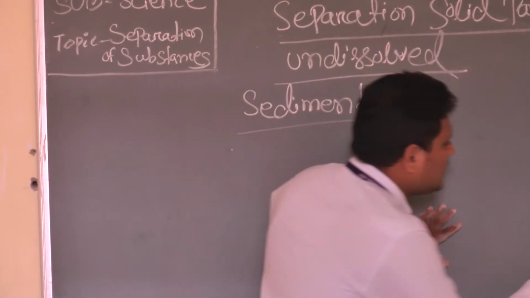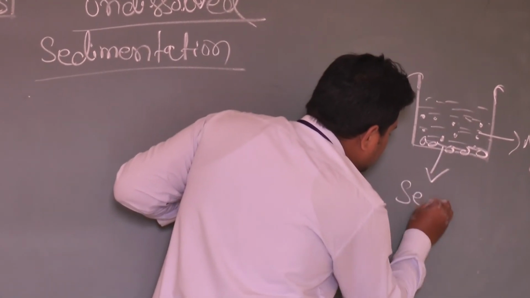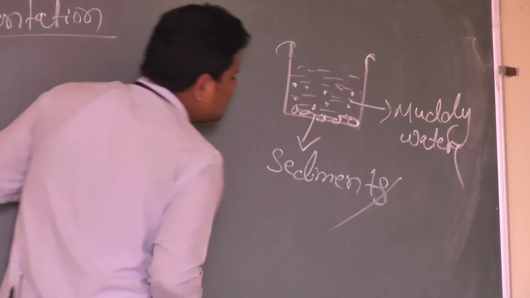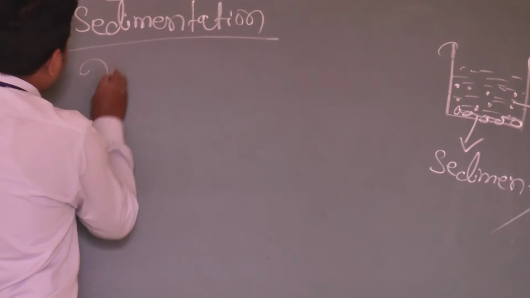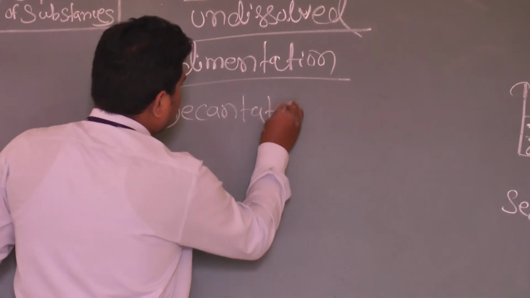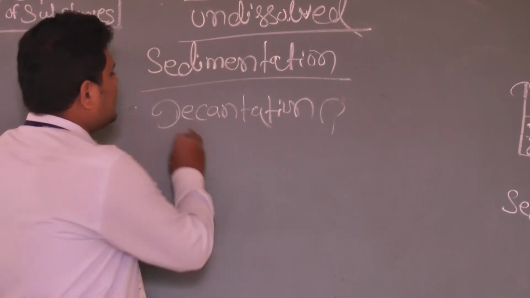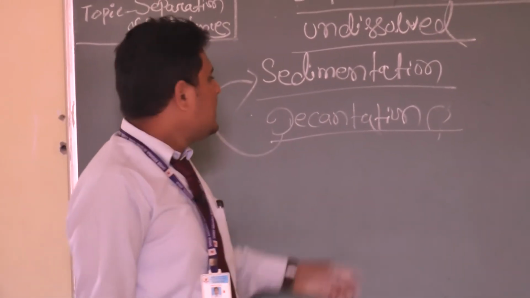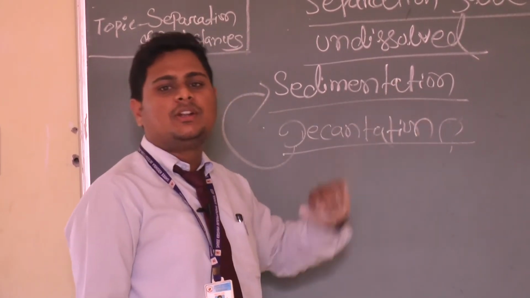The solid particles which are settled down here are known as sediments. The decantation process follows the process of sedimentation. It means after the sedimentation process, the decantation process can be done.